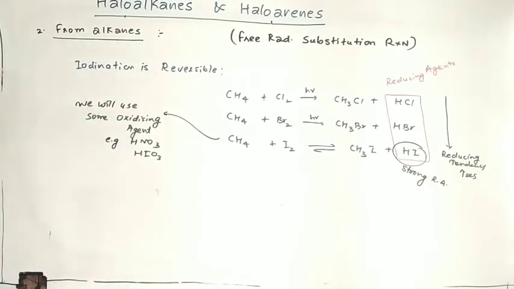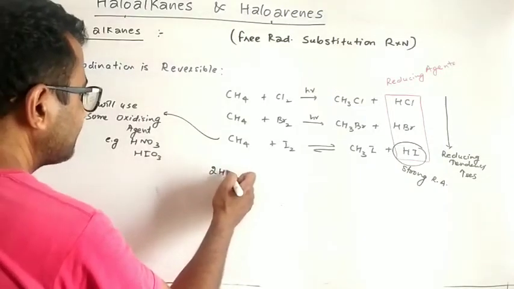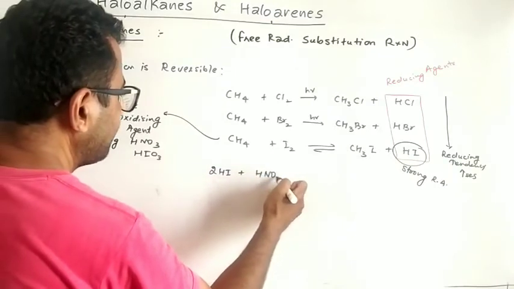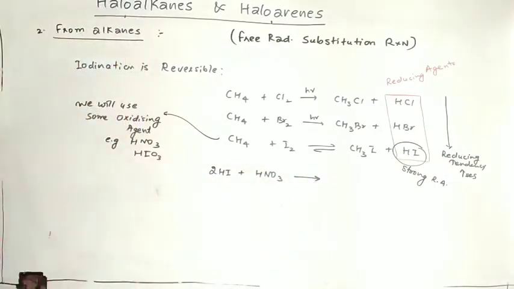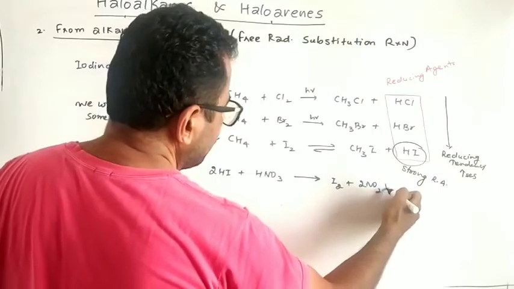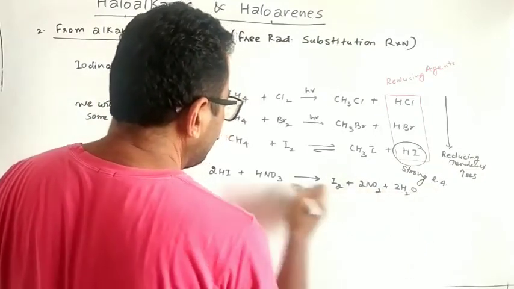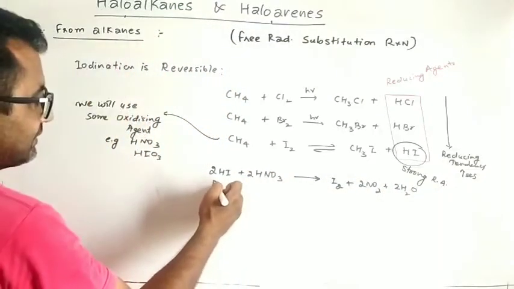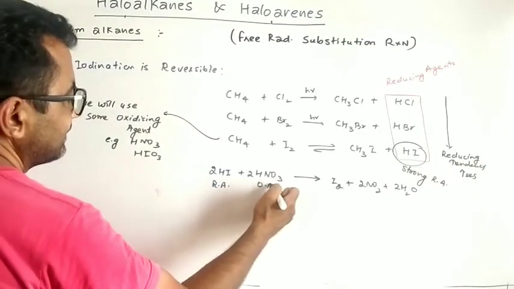So as soon as when we use this oxidizing agent, what happened? As soon as HI is produced, it reacts with this oxidizing agent to produce I2, 2NO, 2 water. Because this is your reducing agent, you know, and this is the oxidizing agent.